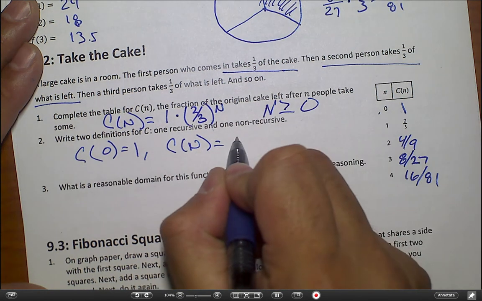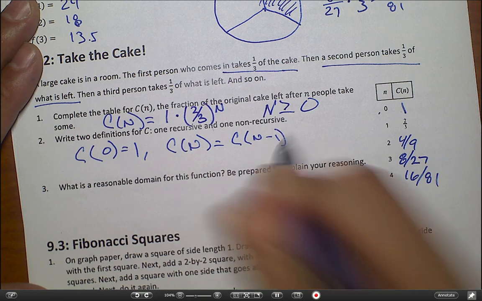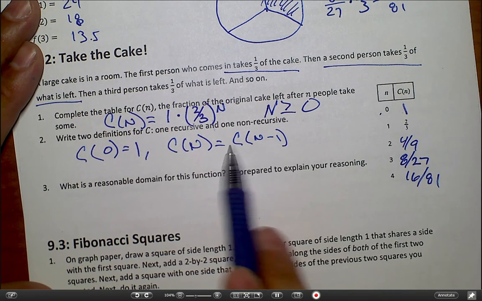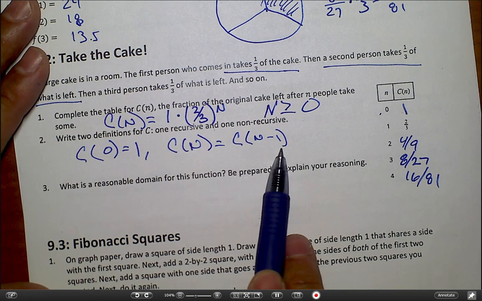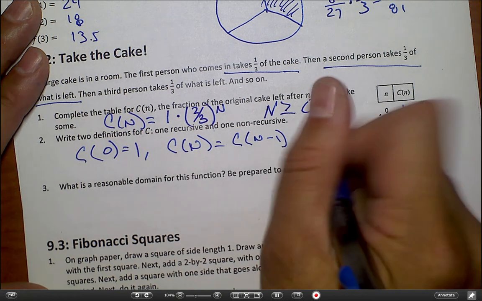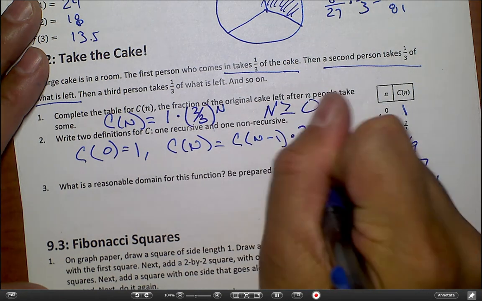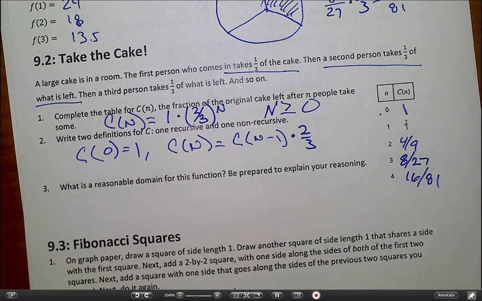C of n minus 1. And then it's going to be multiplied times 2/3, right? And now given that, so let's go through and define this now.